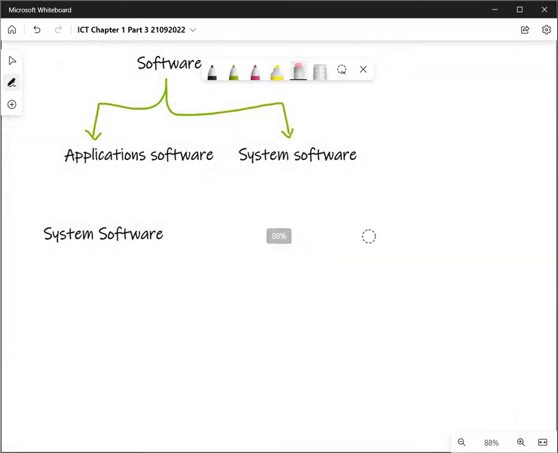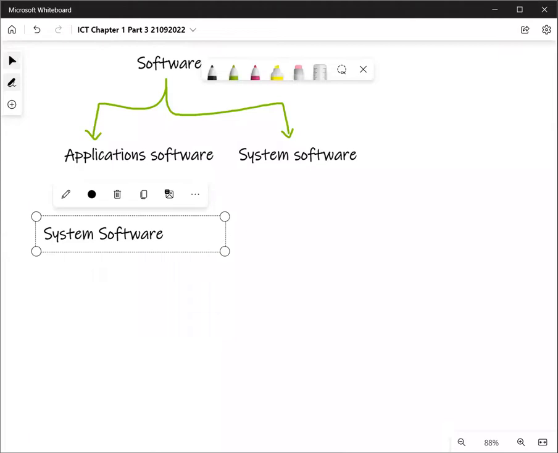Now, we're starting with software. Yeah, and the first thing is system software. We look at that. What kinds of system software do we have? We have a lot of things. Right here, we have compiler.